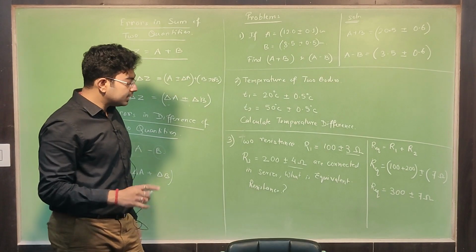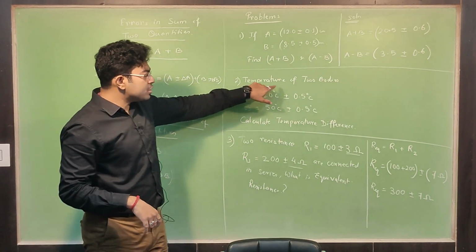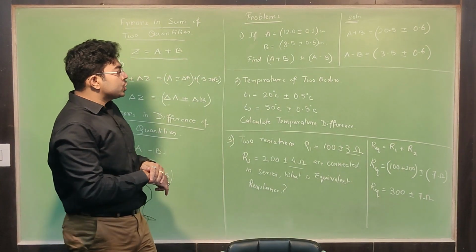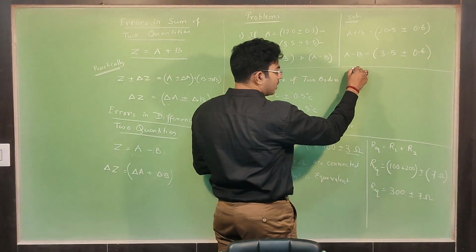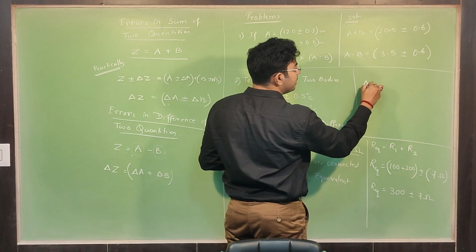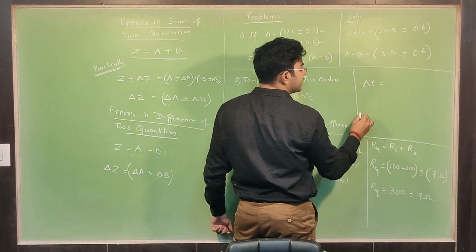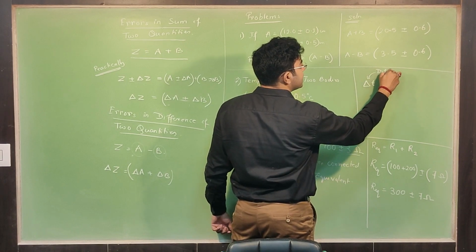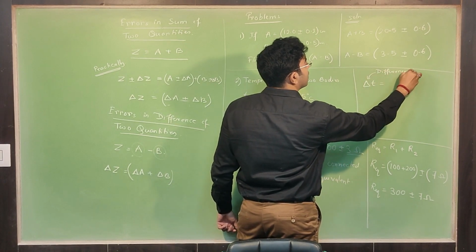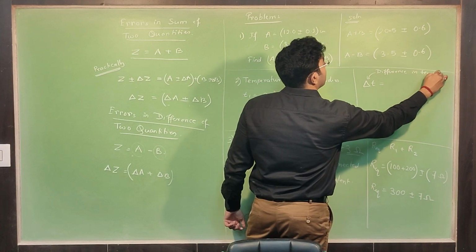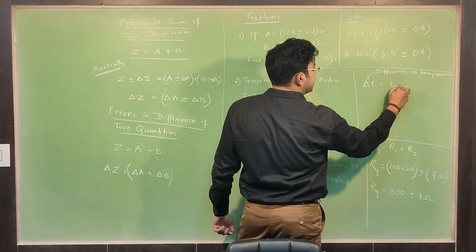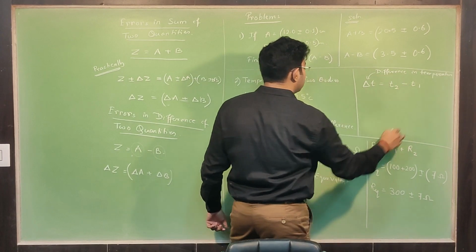Got it? Now this one: temperatures of two bodies T1 and T2. Calculate the temperature difference. Delta T is the difference in temperature, which will be T2 minus T1.